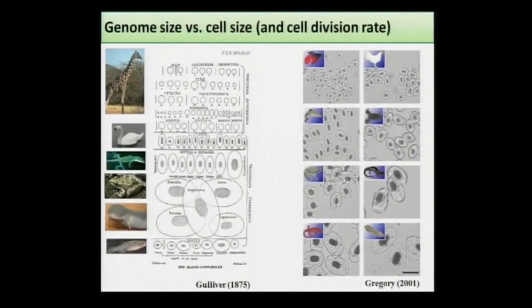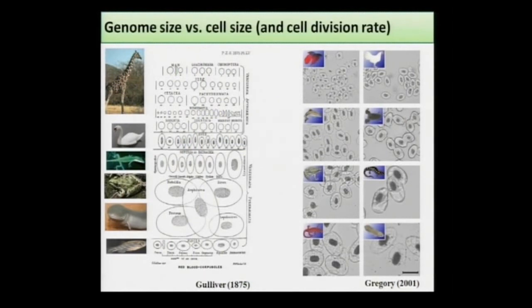Well, we know a few things about it, and again, going back to very early work, we know that the amount of DNA is closely linked to the size of the cell and also how quickly the cell can divide. So here are some drawings done by George Gulliver in 1875 showing nucleus size and cell size being strongly correlated. Now, there's no way he knew what was in the nucleus, but he did document this relationship.